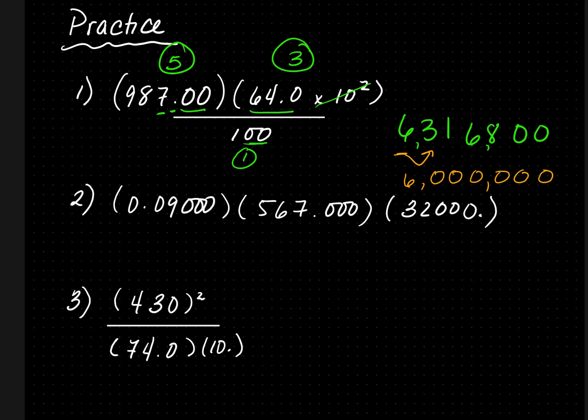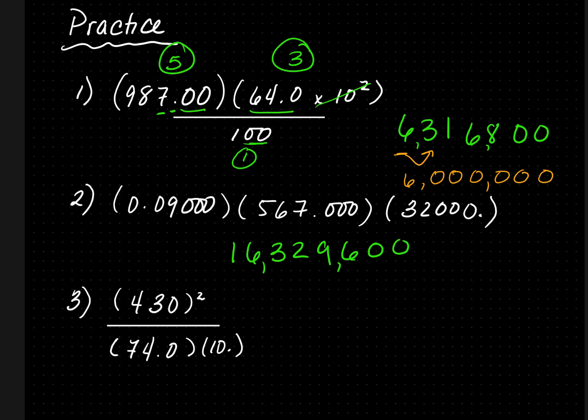Number 2, if you multiply the numbers correctly, you should get approximately 16,329,600.